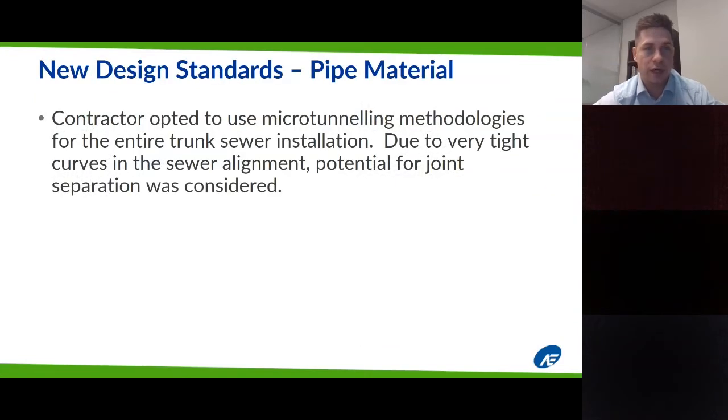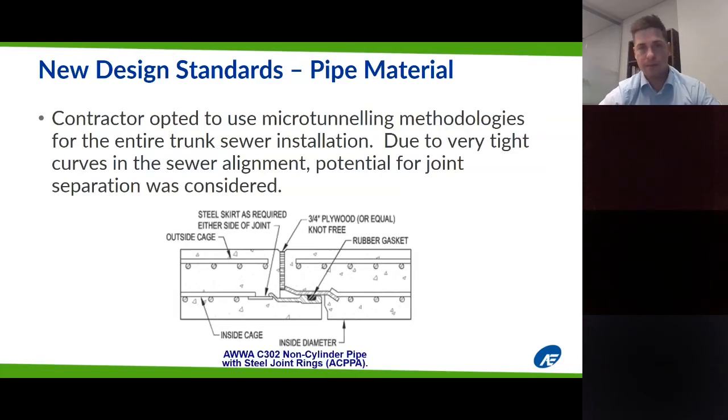And because the contractor opted to use microtunneling methodologies for the entire trunk sewer installation, there were a bunch of very tight curves along the sewer alignment, and the potential for joint separation had to be considered. So if you look at this example here, this is your typical C302 pipe Carnegie joint. Now as you start to go around a corner and make a curve, these joints begin to deflect and separate.